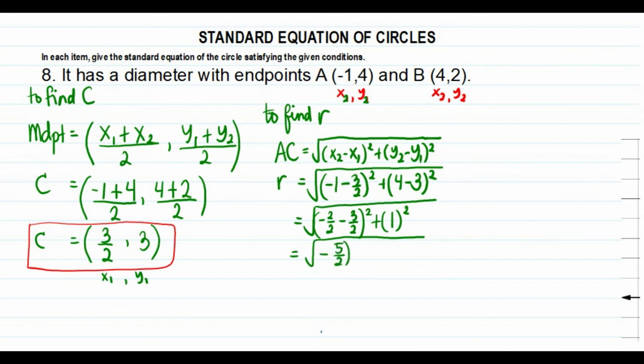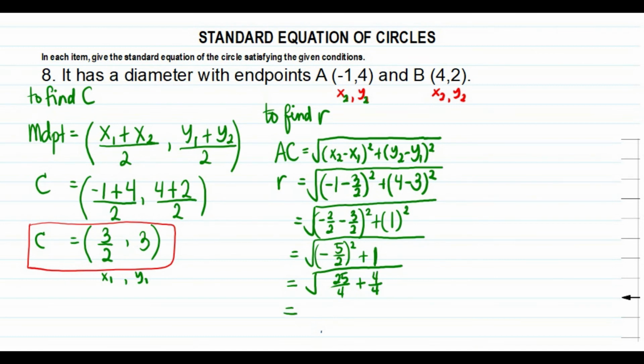The square root of negative 5 halves squared plus 1 equals the square root of 25 over 4, kasi 5 times 5 is 25, 2 times 2 is 4, mali. 25/4 plus. Now, pwede natin gawin, dahil ito'y 1, gawin na natin siyang improper fraction 4/4 para madali na nating isolve.